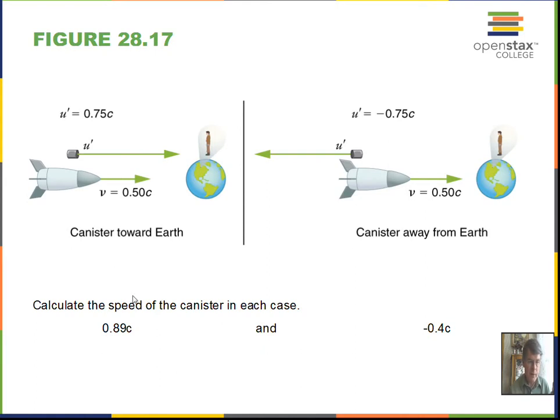I've got a little error here because I used 0.7, I notice now in my notes, rather than 0.75. So I'm going to just quickly run that through again. 0.5 times 0.75 would be 0.375 in the denominator that I have to add to 1. So I get 1.375 that I need to divide into 1.25.